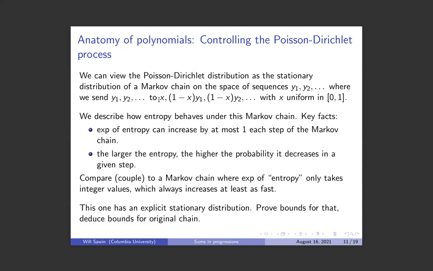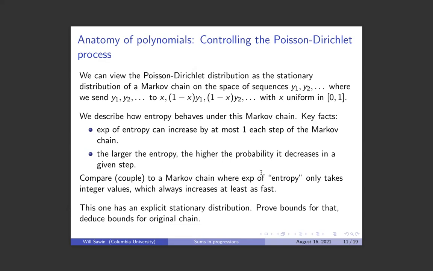And we can use those estimates to approximate this chain with a simpler chain, which will be easier to understand. The idea is we round the exponential of the entropy up to the nearest integer value.